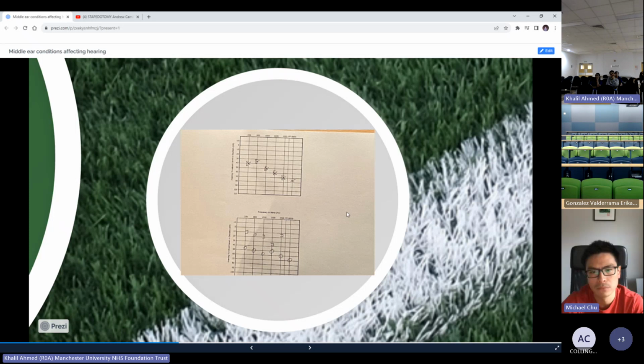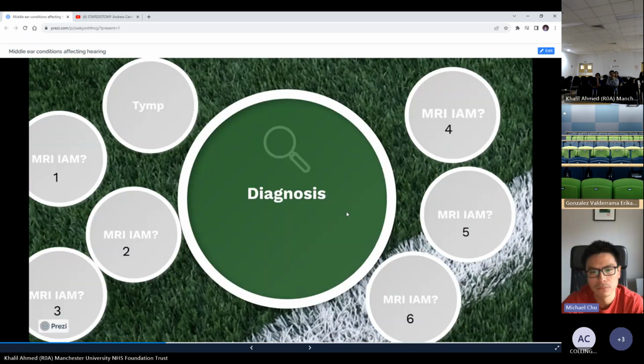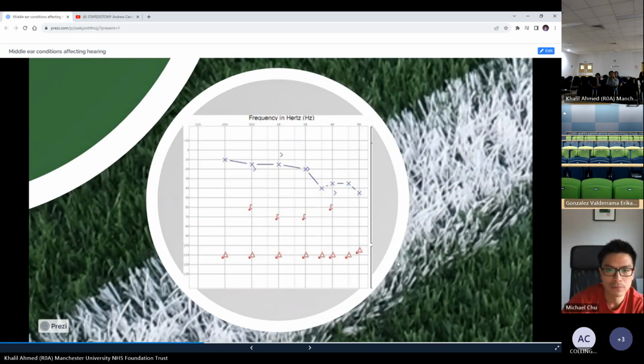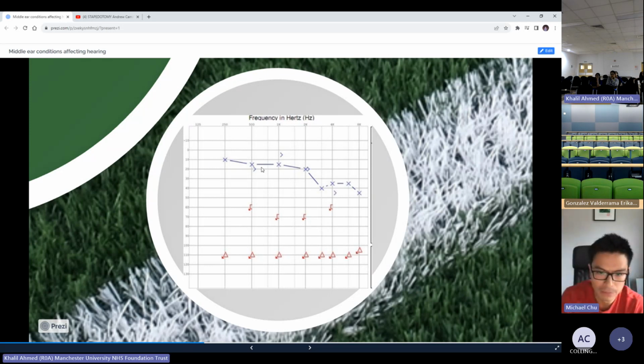Okay, so this one definitely needs an MRI. How about this one? Remember, it's really important to understand what the symbols mean. That's the clue with audiology.